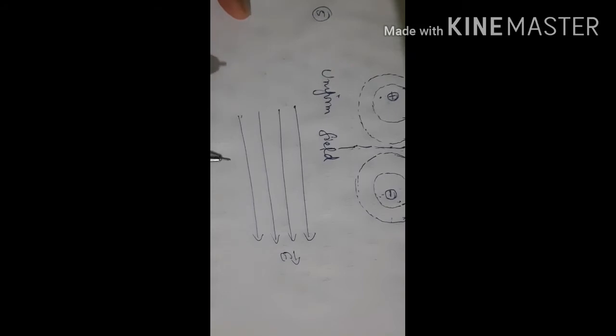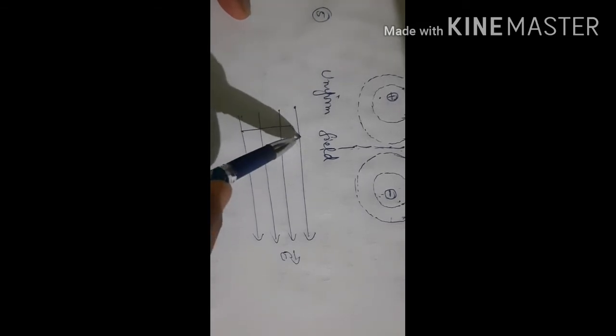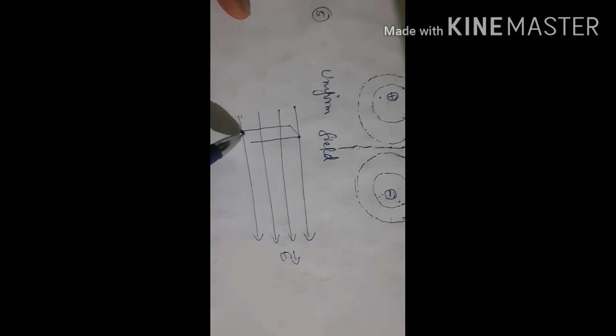The equipotential surface for this uniform field will be a plane which is perpendicular to the electric field lines. So if I draw a plane which is perpendicular to the electric field lines, then it forms an equipotential surface.